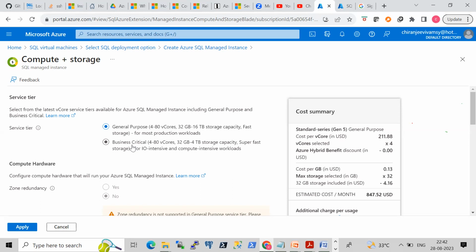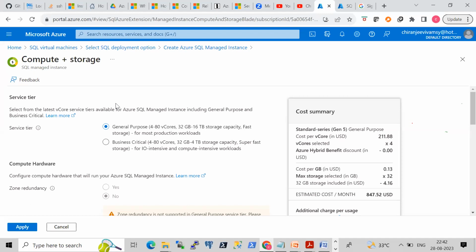When I compare this with Azure SQL, the vCore model is called vCore purchasing. When it comes to the vCore model, we have general purpose, which is there on Azure SQL also. We have business critical, which is there on Azure SQL also. But there is one extra thing with Azure SQL called hyperscale.